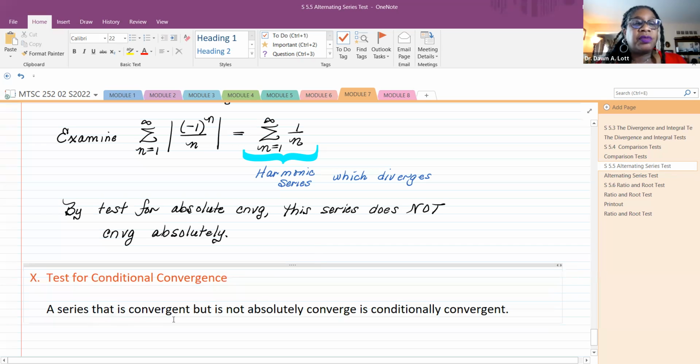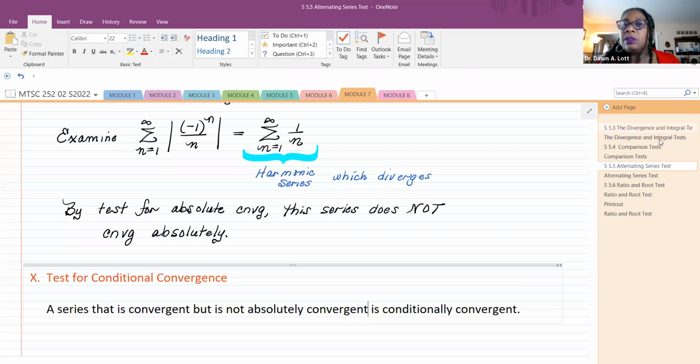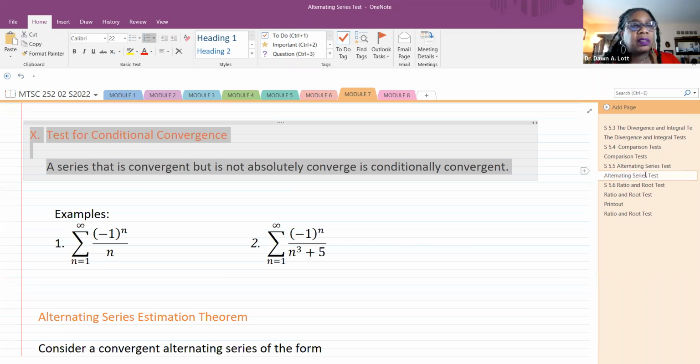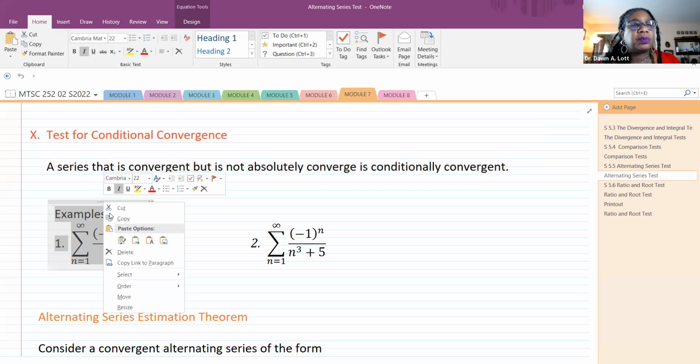A series that converges but is not absolutely convergent is conditionally convergent. Okay. So therein lies our last series test, which is this one over back here.